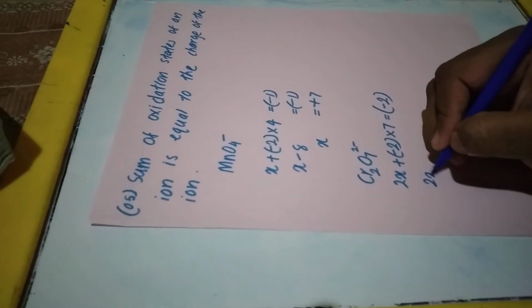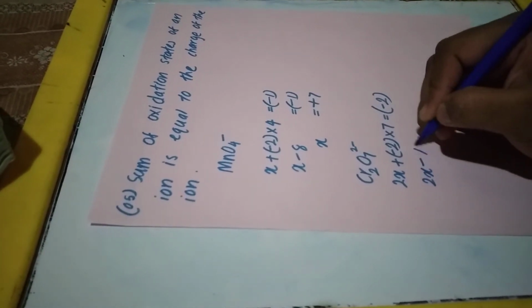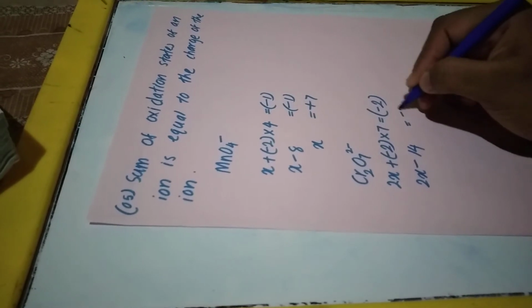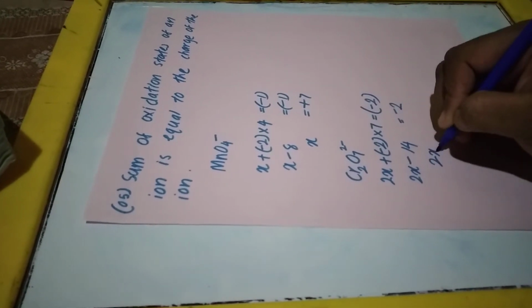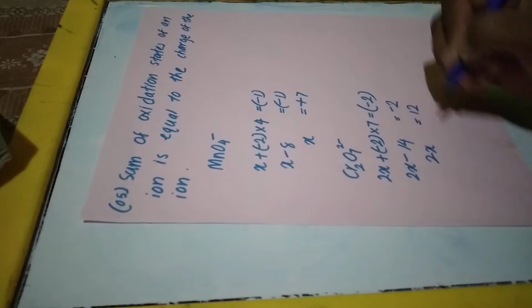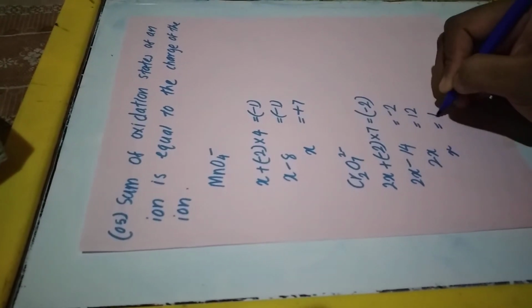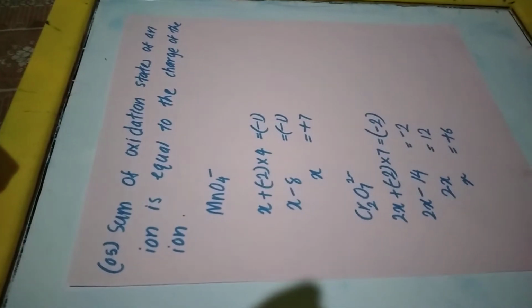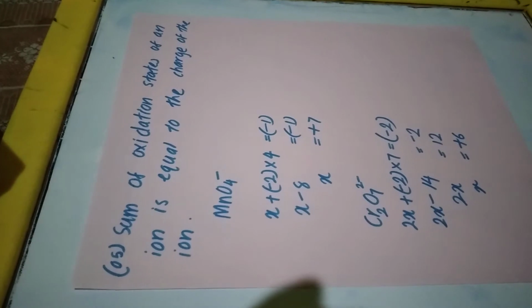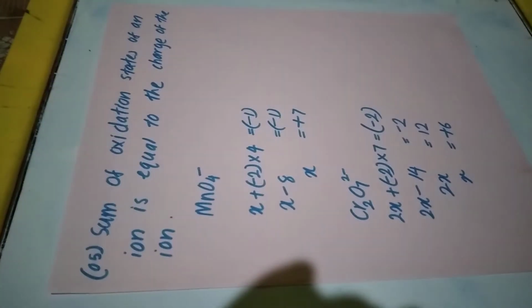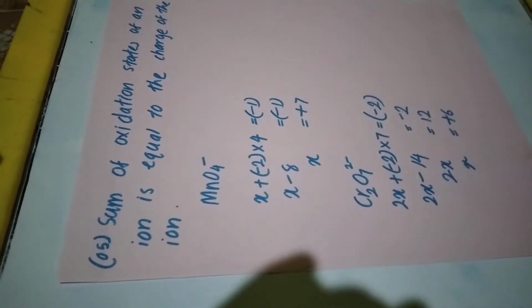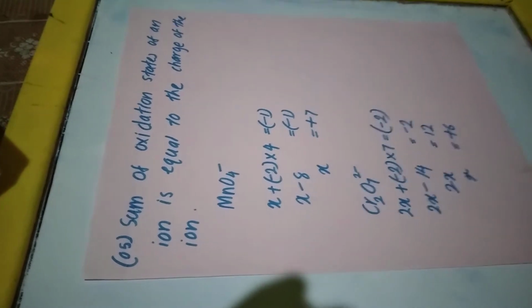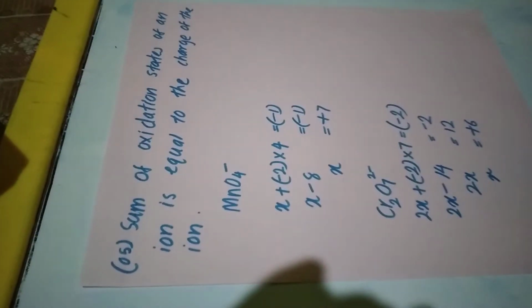So 2X minus 14 equals -2, so 2X equals 12, and X will be equal to +6. It is necessary to put the plus or minus sign. When you are mentioning an oxidation state, you have to include the plus or minus sign.